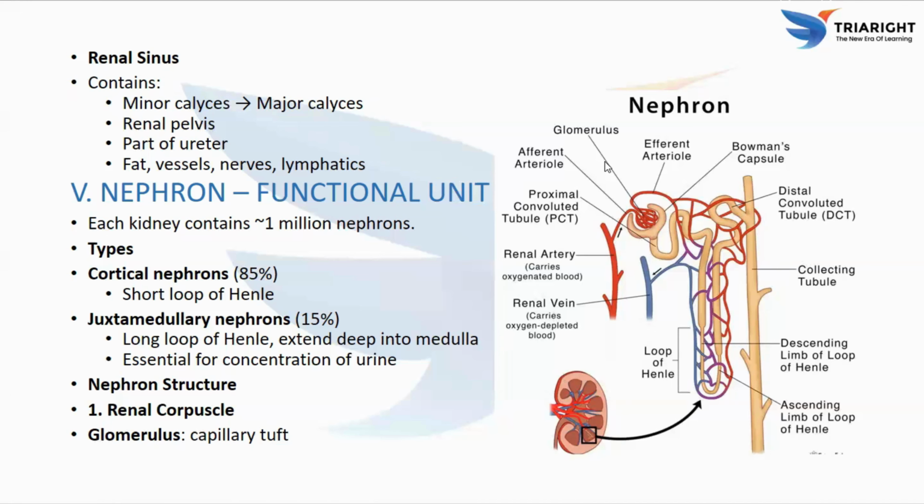So why is it important for the nephron? The afferent arteriole brings the blood into the glomerulus, and the efferent arteriole carries the blood out. The efferent arteriole forms the peritubular capillaries, or the vasa recta in the juxtamedullary nephrons. These vessels help to reabsorb water and also nutrients back into the blood.